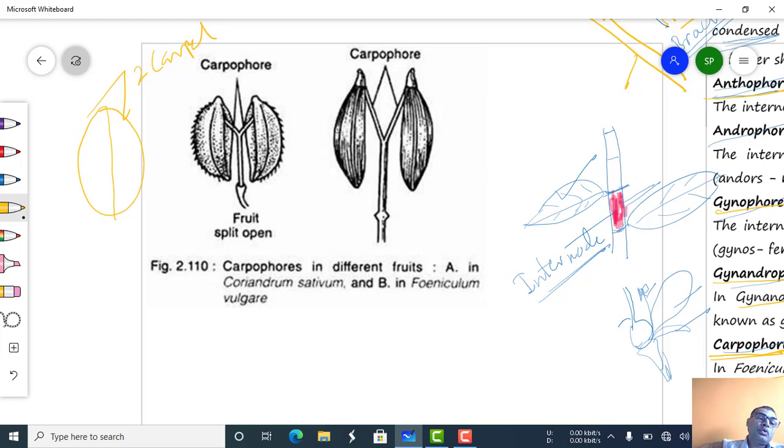Below the ovary, the thalamus will be present. Here, this thalamus projects into the ovary, separating the carpels. Then this projection of the thalamus within the ovary is called a carpophore.